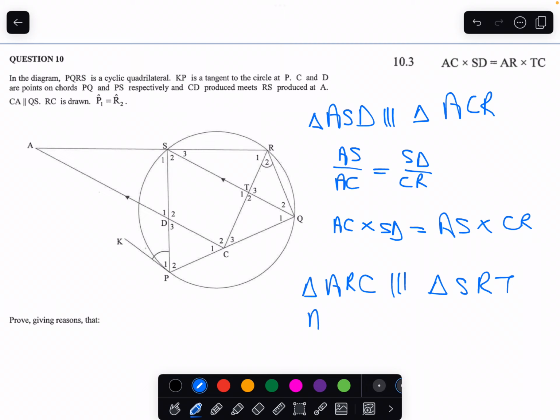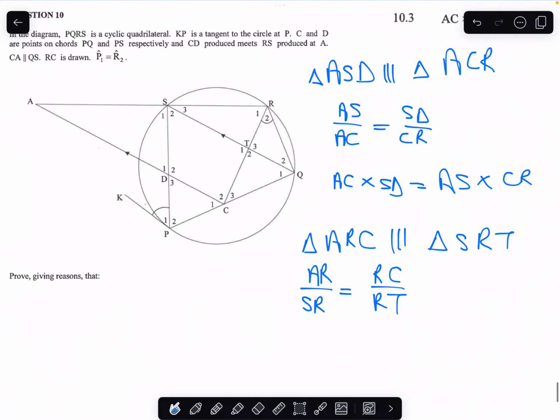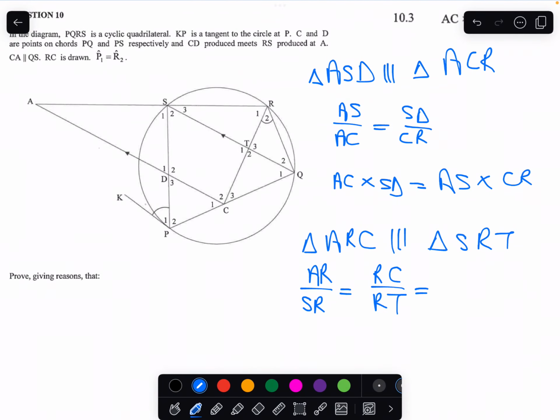So AR over SR, and then I want RT, so that will be the last two letters, right? And we said that RT is the same as RC minus TC.